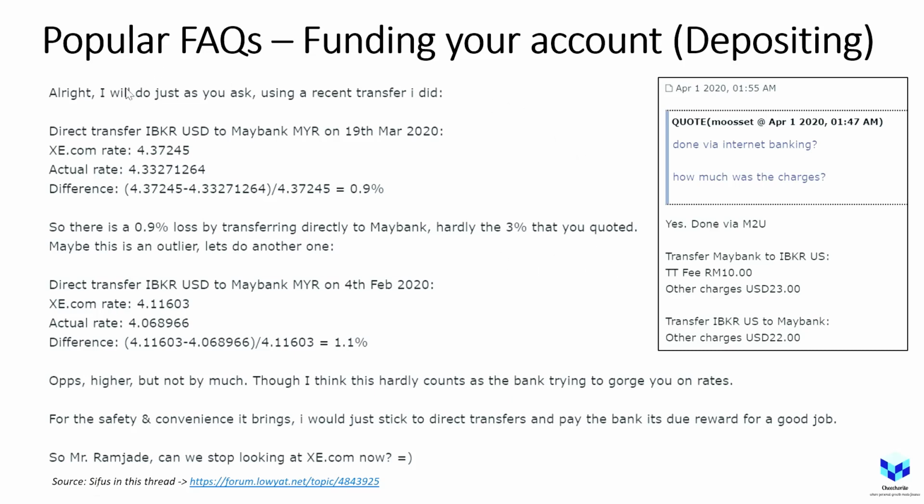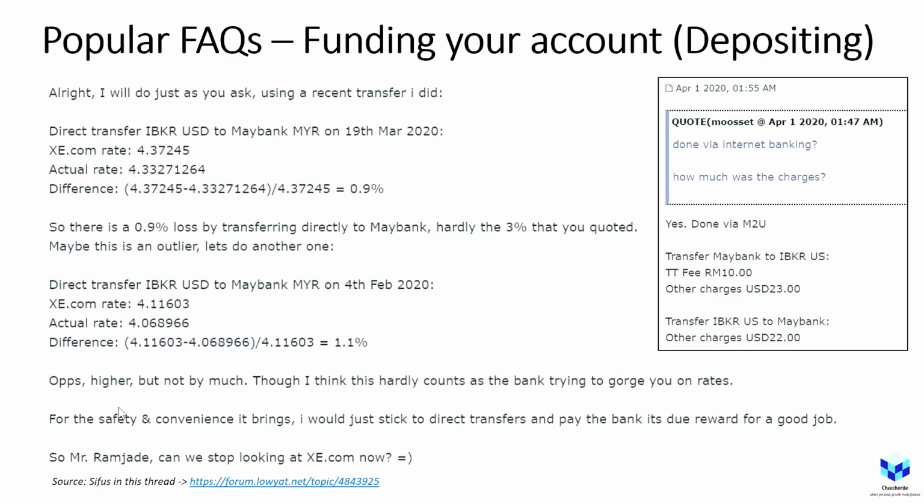Alright, moving on to this bigger square here, where someone did a comparison between transferring using Maybank, which they did, and the XE.com rate, which is usually the benchmark that people use to compare if the remittance is worth it or not. They've done two calculations here. One is 0.9% and the other one is 1.1%. So in a way, you're not losing too much, I suppose, on a percentage basis.